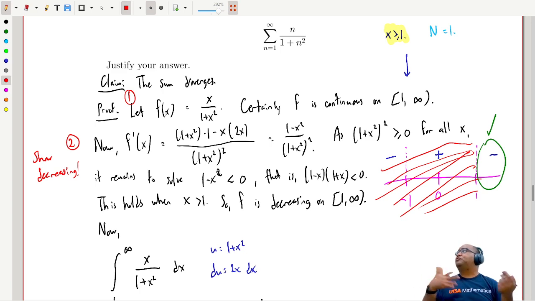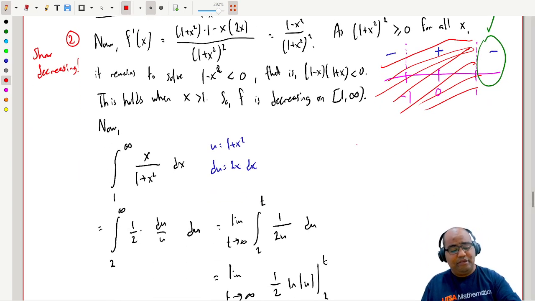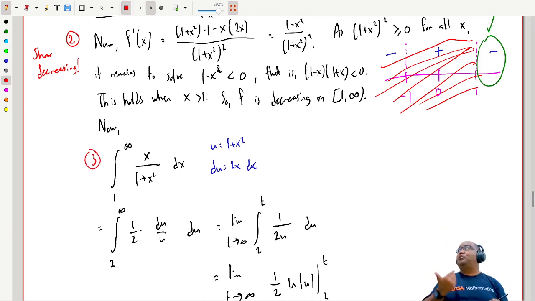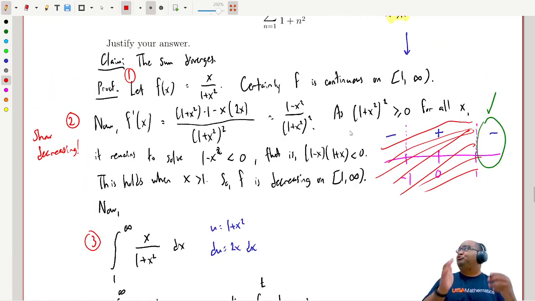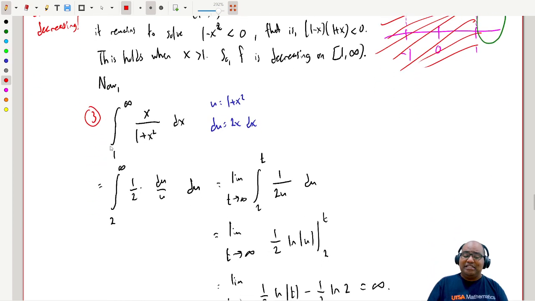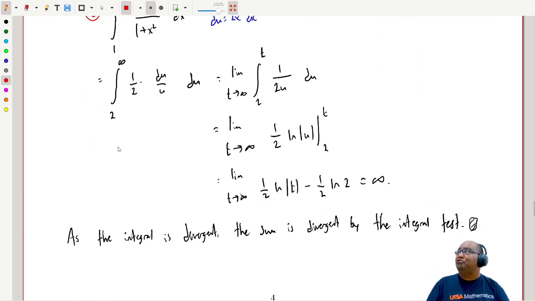We can do that with inequalities or the first derivative test. And then step 3 is to do the improper integral. So those are your 3 steps for the integral test. You choose your function, check that it's decreasing, take the integral, and then your conclusion follows.